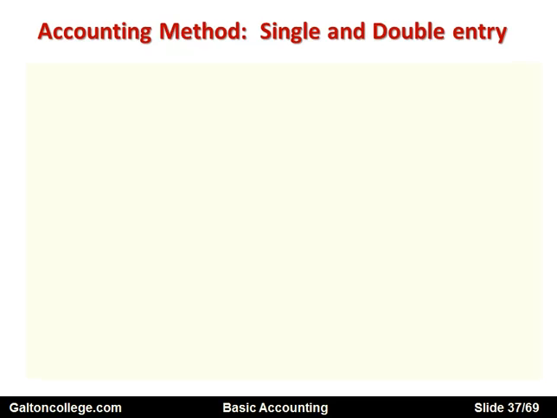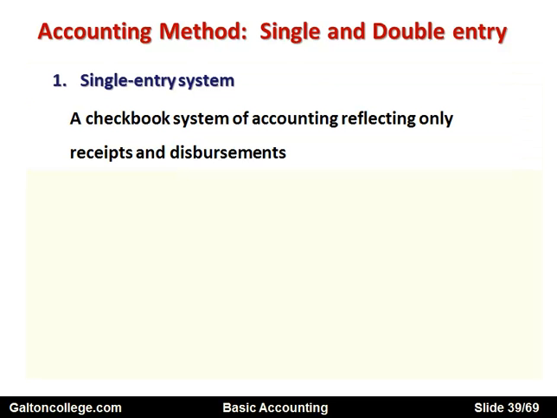Now we've also got something called single and double entry, which we need to just briefly look at. Single entry systems: a checkbook system of accounting reflecting only receipts and disbursements. So a checkbook system would be single entry. Let's say we have a single book, we buy raw material and we pay for it.